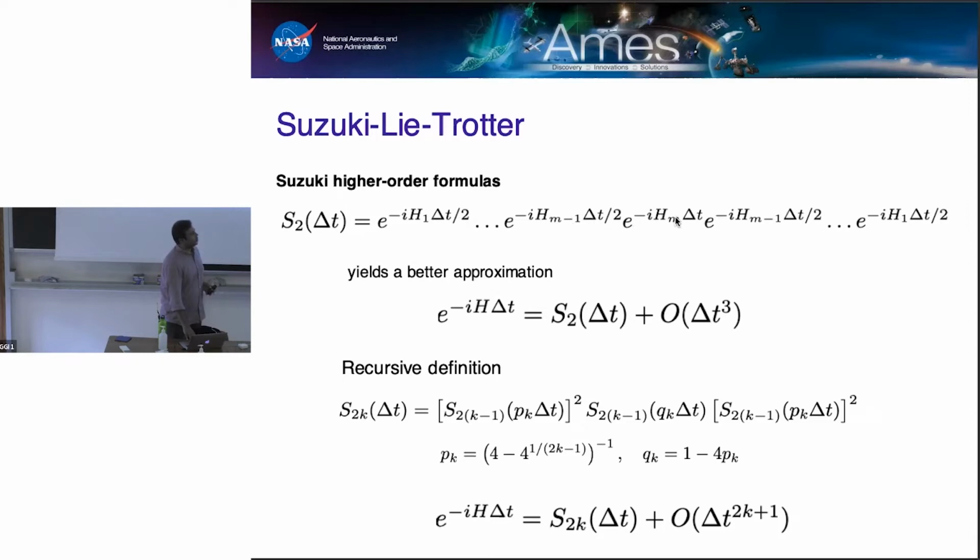I'm then evolving according to delta t, and then again according to delta t over 2 in the reverse order. It's a funny looking expression, but Suzuki was able to show that if you compose your exponentials in this way, then the error for some small time segment is order delta t cubed instead of order delta t squared as before.